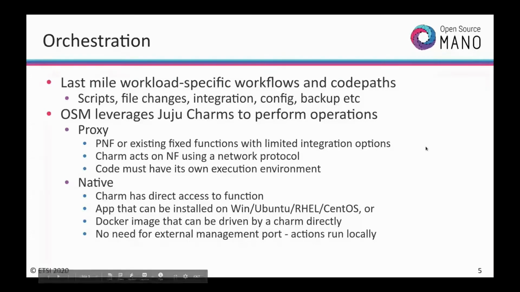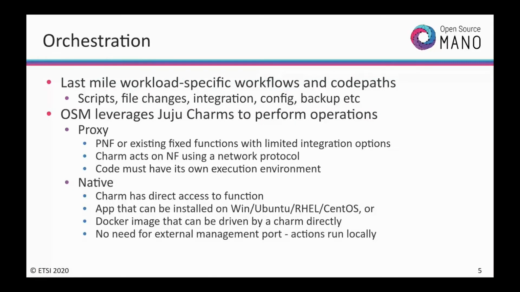So in OSM, we've created two terms to describe how we're going to be performing these operations. One is by proxy, where the charm, the operations code that runs to configure the network service, is going to run at arm's length from it. So it needs to have its own place to execute, and it's going to talk with the network function over the network.